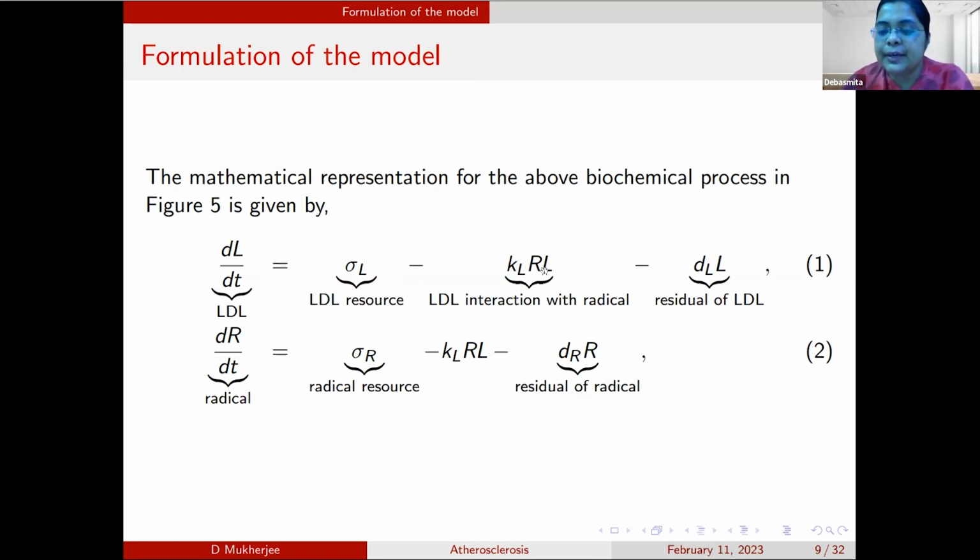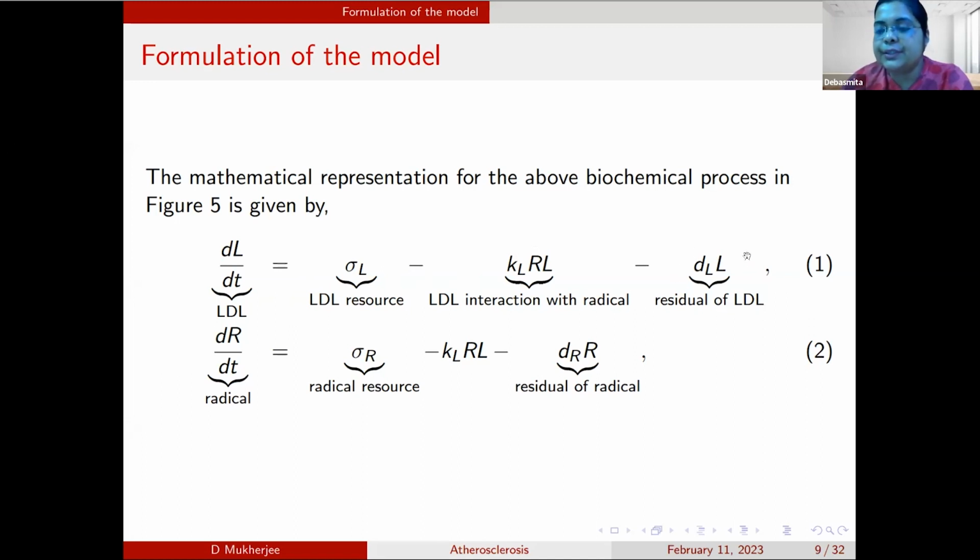Then LDL and radicals are interacting inside the intima. That's why I have a negative term: LDL is interacting with radicals and getting oxidized, so it is a negative term for the LDL concentration.